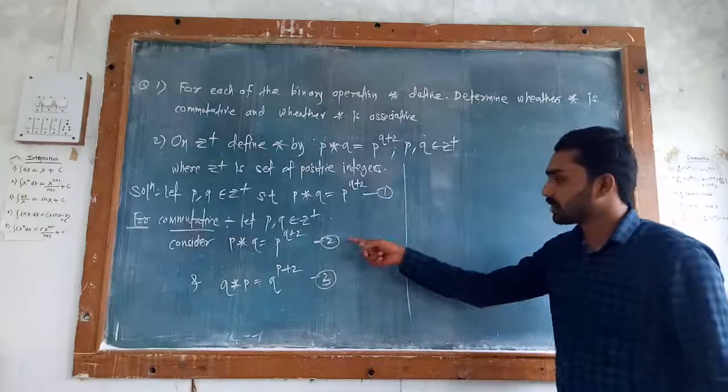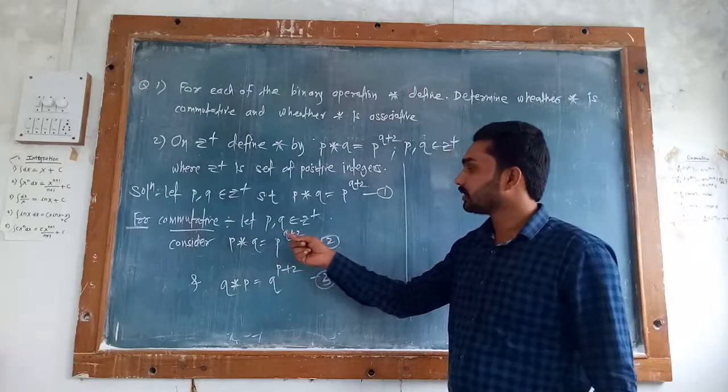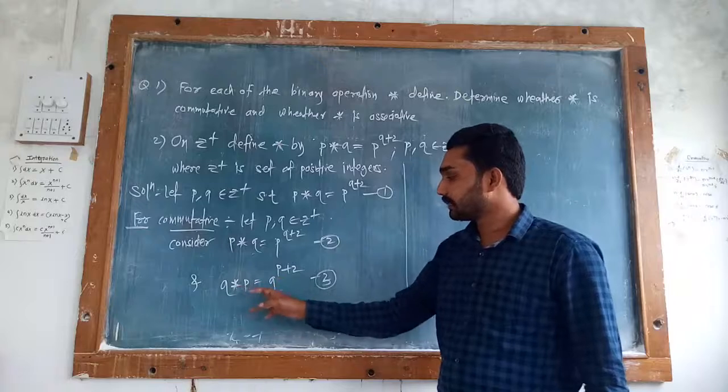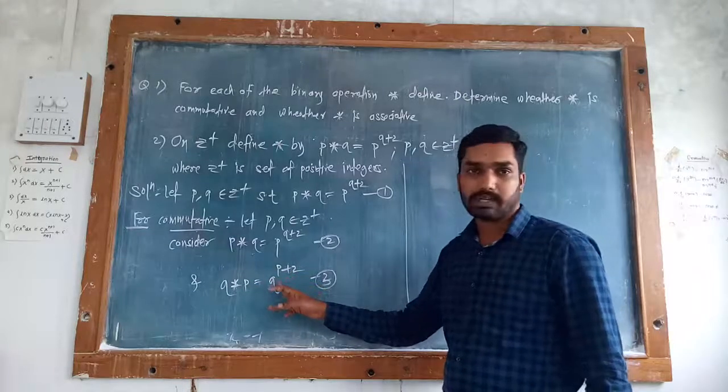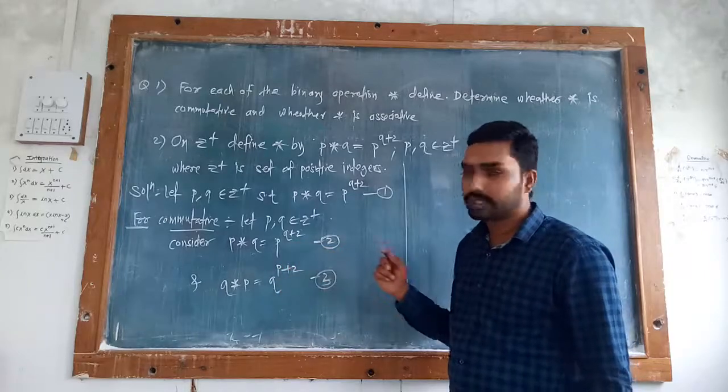Now from equation 2 and 3, equation 2 is P raised to Q plus 2, and equation 3 says Q star P is Q raised to P plus 2. Are both equal?